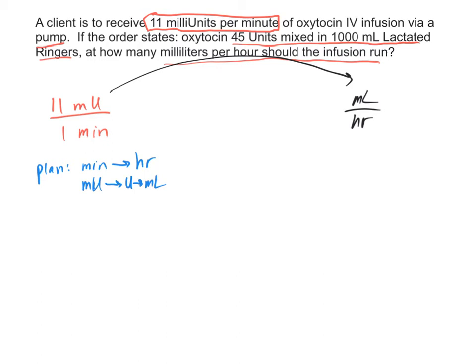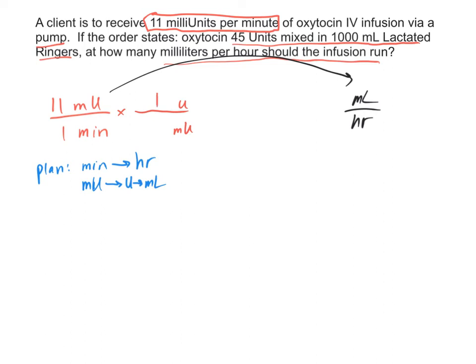So let's do that. Let's first change milliunits into units because that's what is in the bag. It's what's floating around in the bag. So I need to multiply by a conversion factor of milliunits to units. You might be thinking, I don't know that. And the answer actually is you do. You should know the conversion from a milli metric unit to the basic unit.